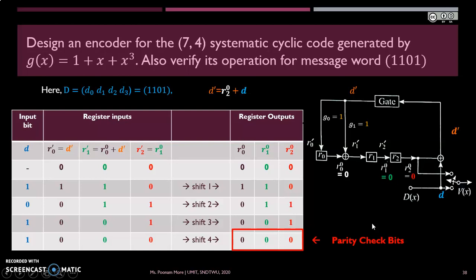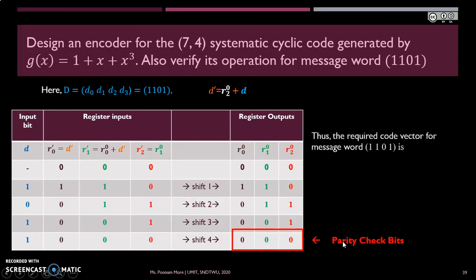Therefore, by considering these parity check bits, we can write our code vector for the message word 1101 as shown over here. The first 3 bits, that is the parity bits, are 0, 0, 0, and the next 4 bits will be our message bits.